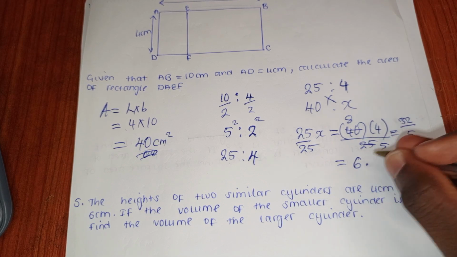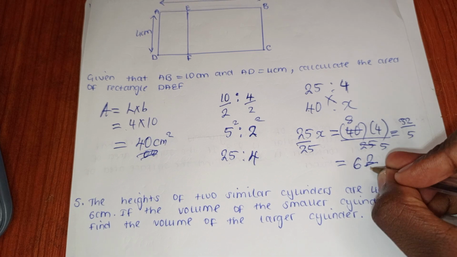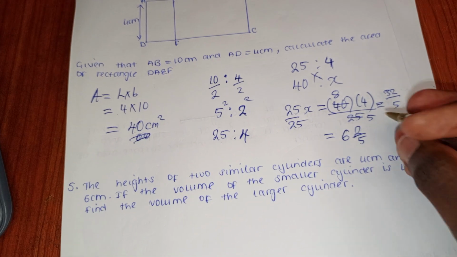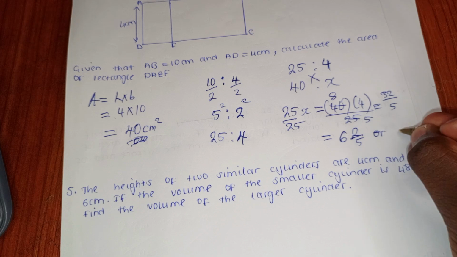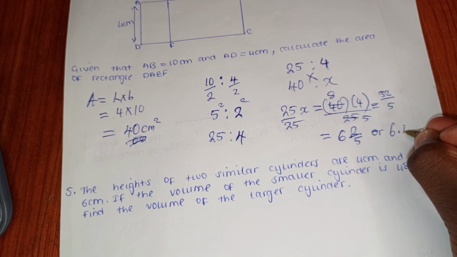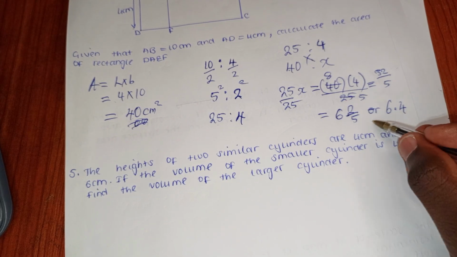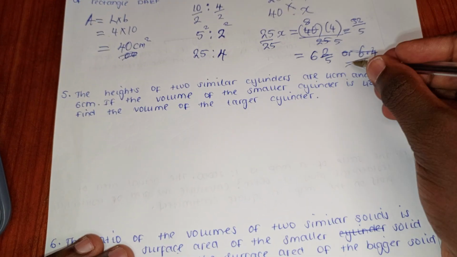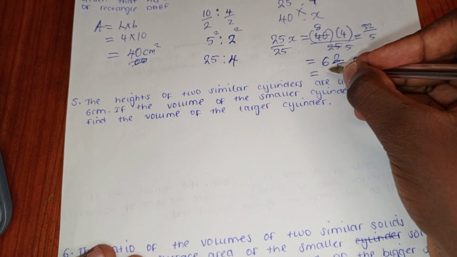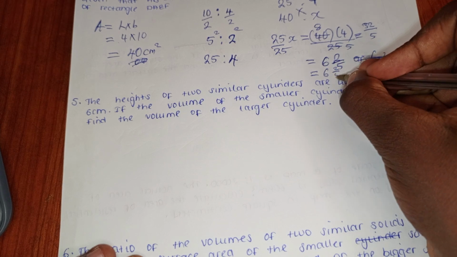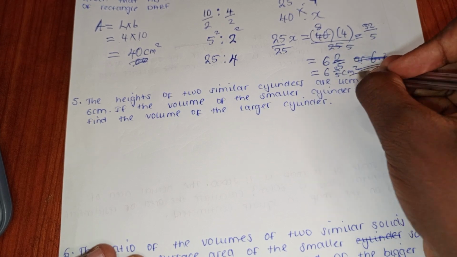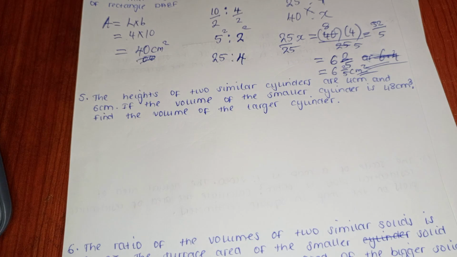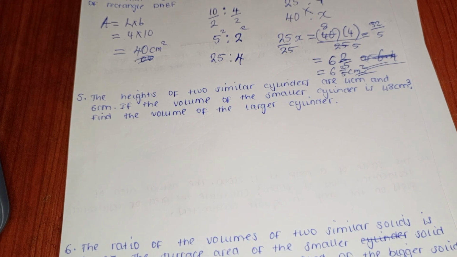So we can say 6 and 2 over 5, or is equal to 6.4. So this will be 6.4 centimeter squared, since we are finding the area of the smaller rectangle.